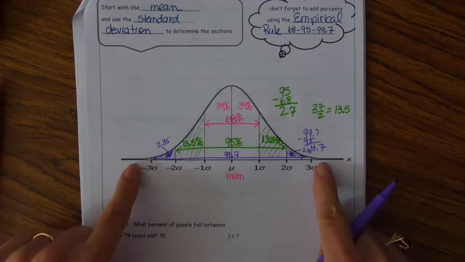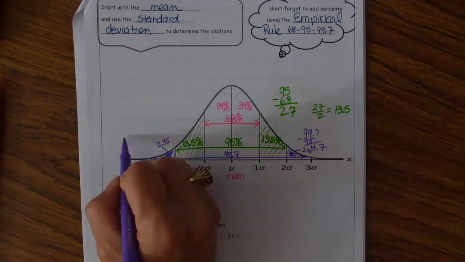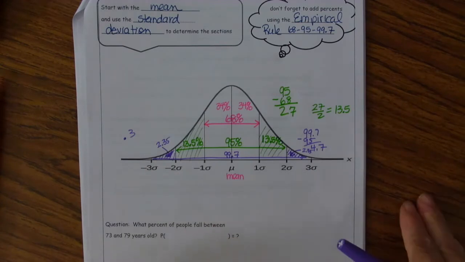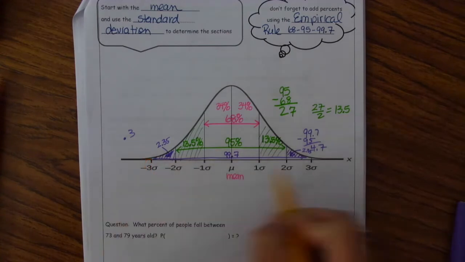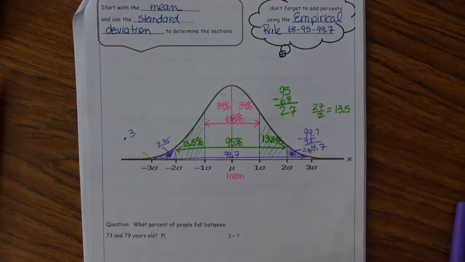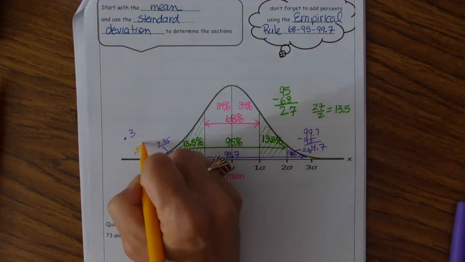Okay, so now what does that leave us for more than 3? Well, we've used up 99.7, so that leaves 0.3 to be out here, but half is above, half is below. So what does that leave? Let me get another color for this golden area right there. What is each one of those? 0.15%. These are all percents.